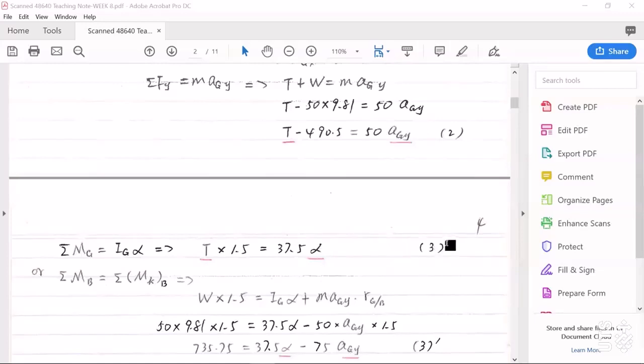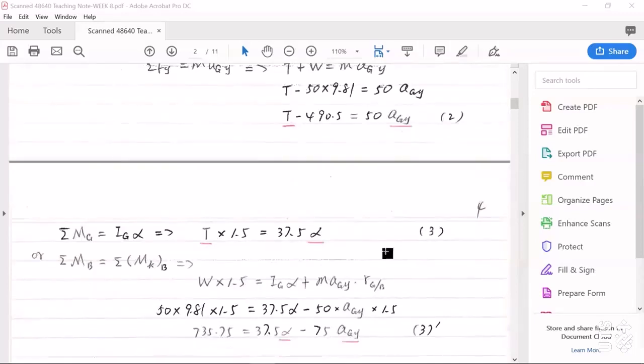So this will be our equation 3. We can also use point B to do this calculation. Then, in this case, this equation will be our equation 3 prime. For these two, only one is possible. You can select a point G, or you can select a point B. It's not necessary to select both points for your calculation.